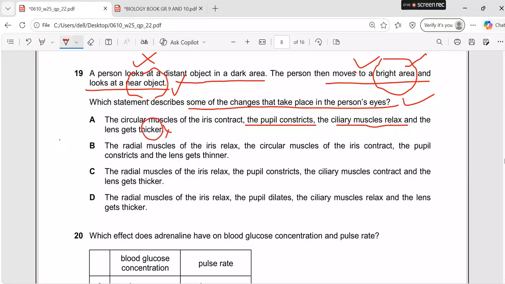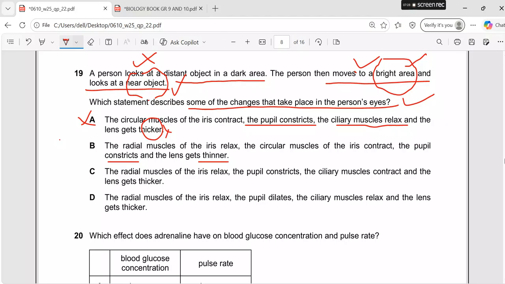Okay, so eliminate A. Number B, the radial muscles of the iris relax, circular muscles contract, the pupil constricts. Yeah, that's true. The pupil constricts. That's true. And the lens gets thinner.